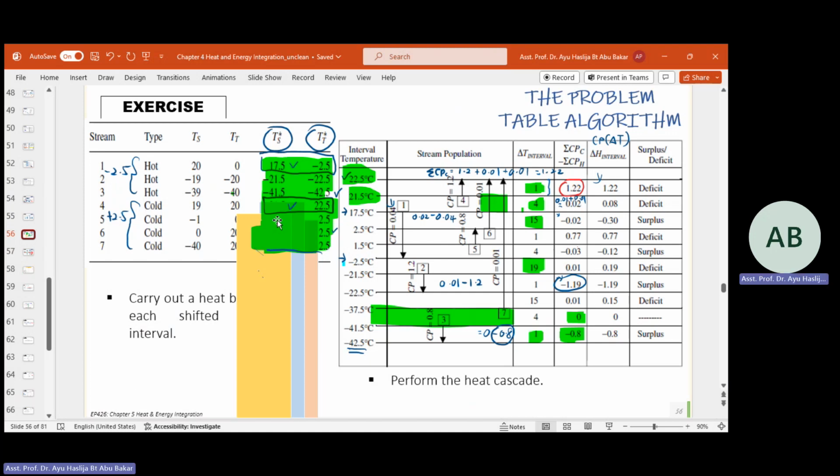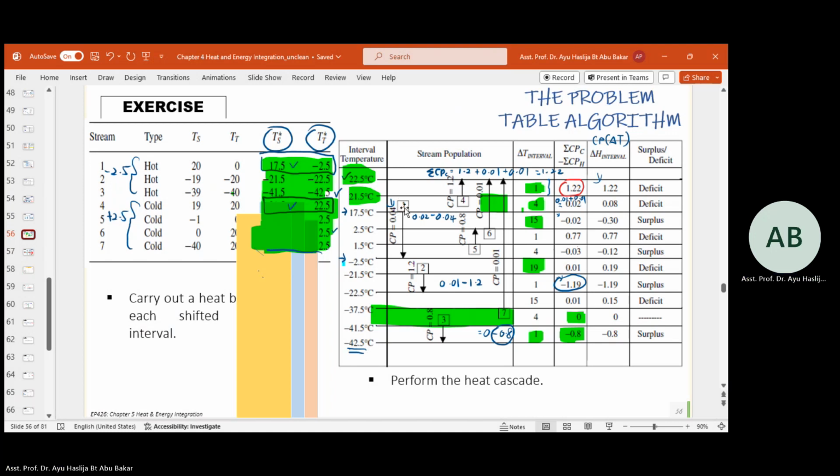Shifted temperature: hot minus delta T min over 2, cold plus delta T min over 2. Construct this table where you should list down all the interval temperatures in sequence, descending order.